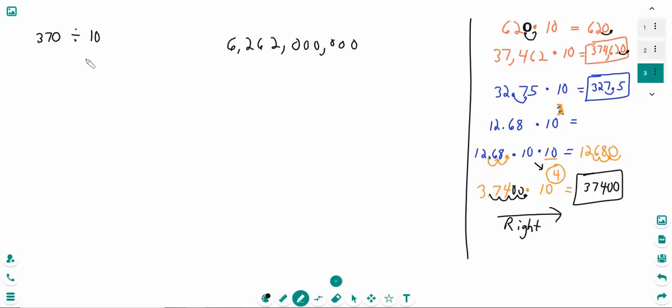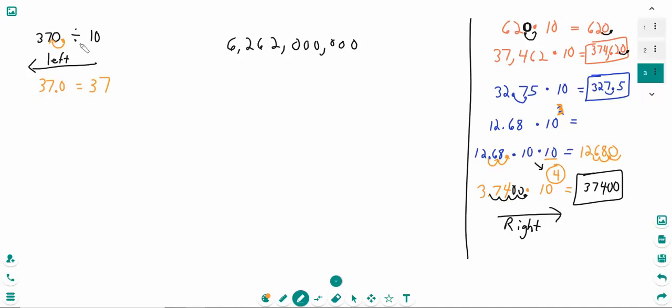Here, when I'm dividing, I move the decimal point to the left. Okay, so I have my decimal point here originally, but now after I divide it by 10, I'm going to move it one position to the left. And I end up with 37.0, which is equivalent to just 37. Okay, and that should make sense. 370 divided by 10 is 37.